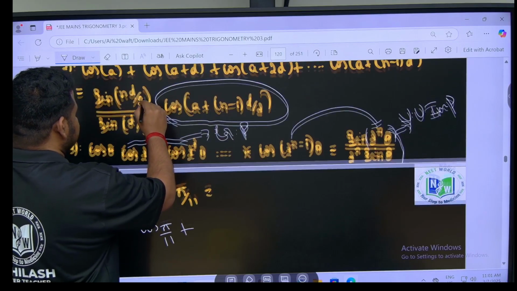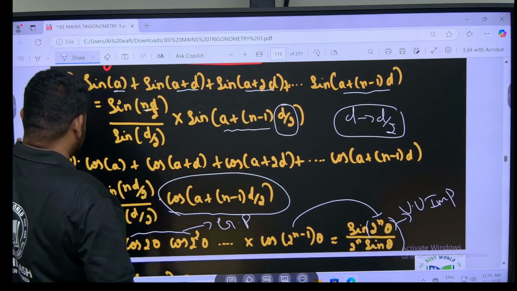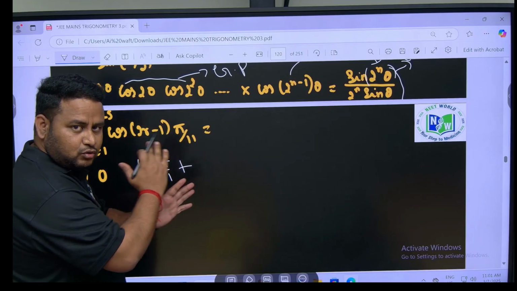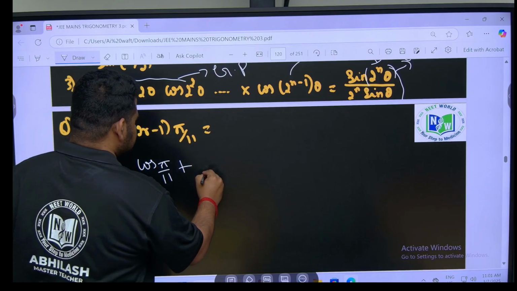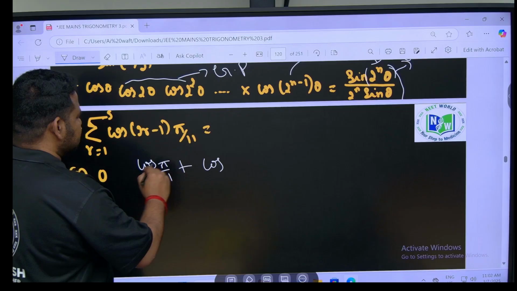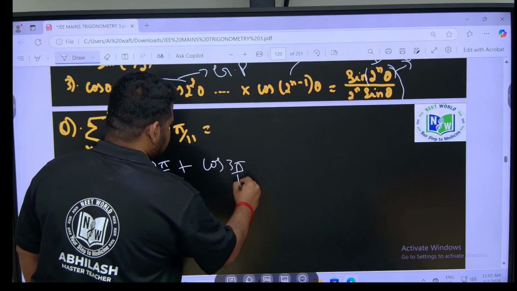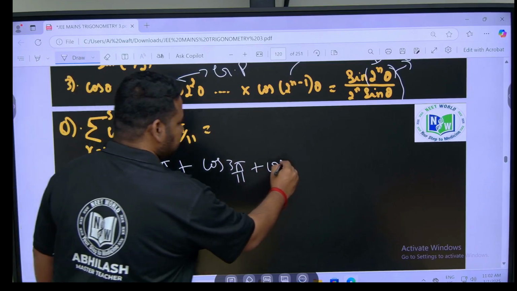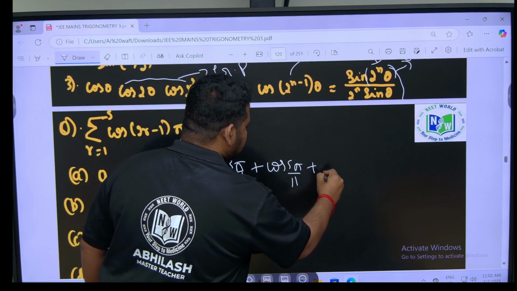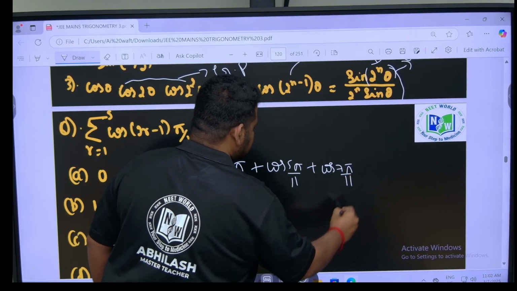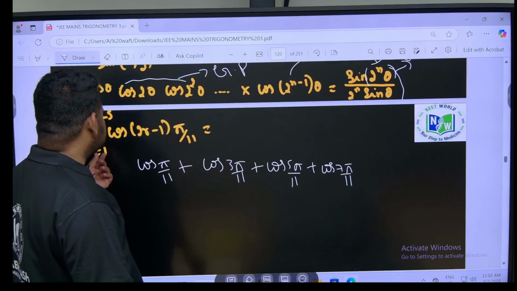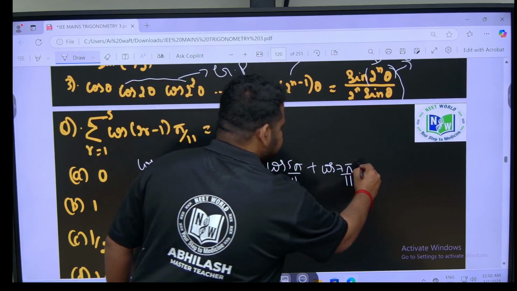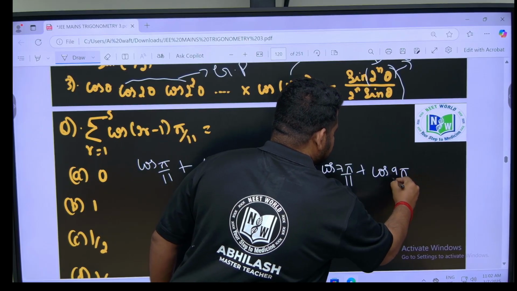This is not an alternating plus and minus series, it is plus only, remember this. So this is cos of 3 pi by 11, plus cos of 5 pi by 11, plus cos of 7 pi by 11. If r is 5, 2 times 5 is 10, 10 minus 1 is 9, cos of 9 pi by 11.